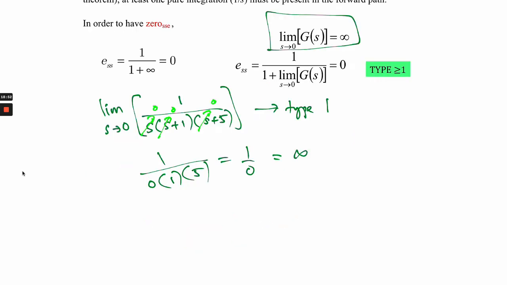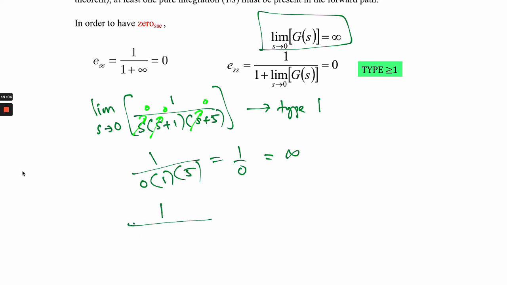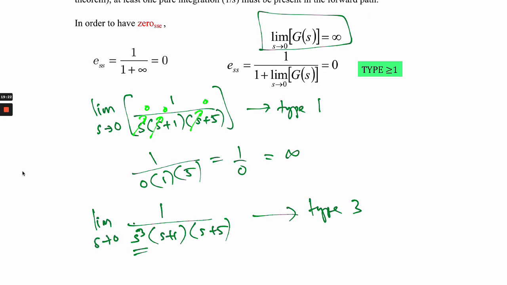Let's say we have the same system, 1 over s cubed times (s plus 1)(s plus 5). What is the type of the system? Type 3. So when we apply the limit as s approaches 0, we have 0, 0, 0, and it becomes infinity as well.